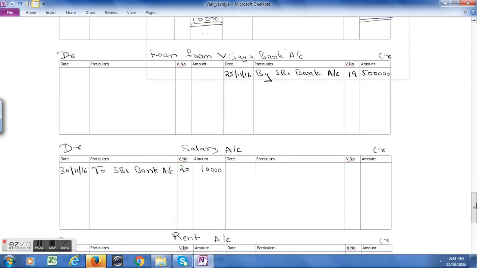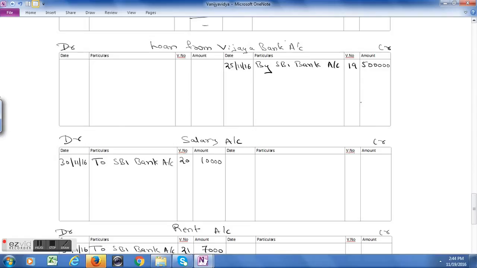Okay, now we'll go to the next account, loan from Vijaya Bank account. Again there is a credit total of 5 lakh, debit total is nil, so 5 lakh will be balance carried forward, 5 lakh.